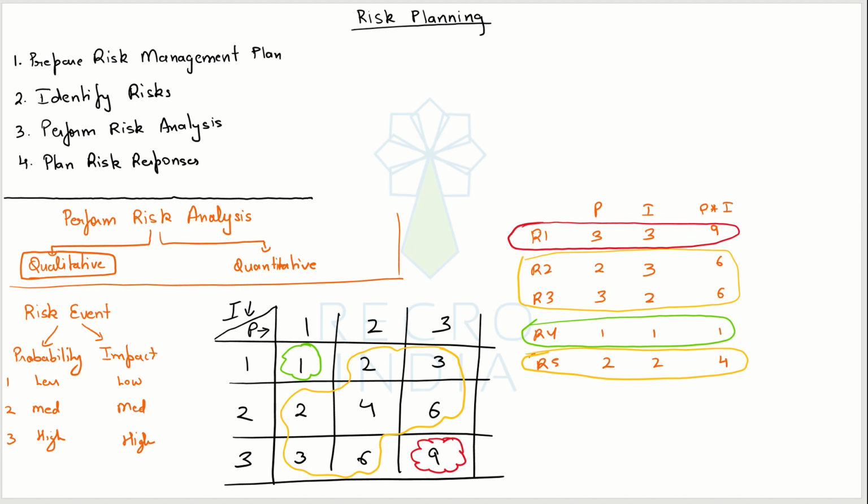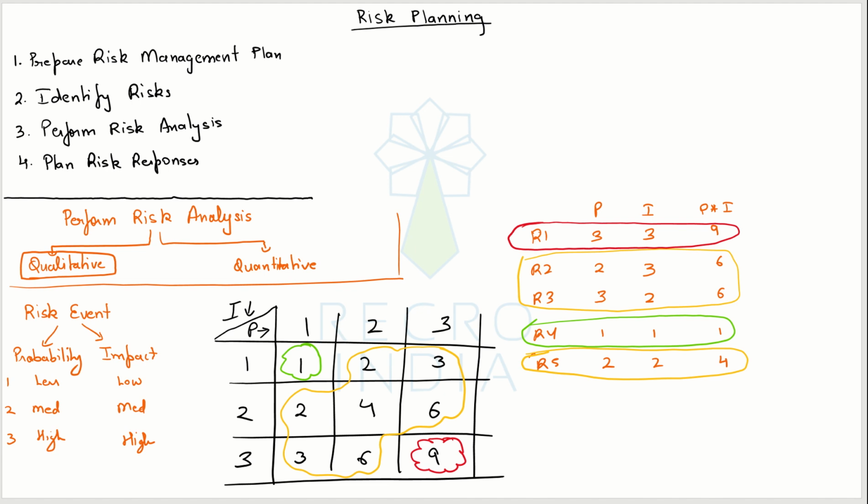This risk seems to be very big, and it looks like the project may not be able to proceed until and unless we do something about this risk. So it's not just very big, but it also requires immediate action to make sure that the project can proceed. So this is how we go about prioritizing the risks in our risk register.